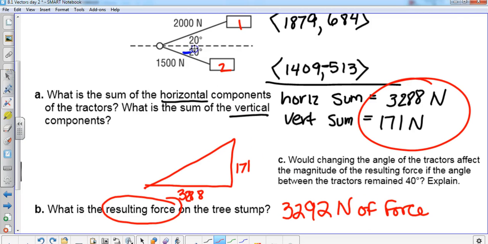Okay, let me ask you this. Before I look at question C, what would happen if they pulled at 10 degrees each instead of 20? Do you think it would pull with more force or less force? This total resultant force.